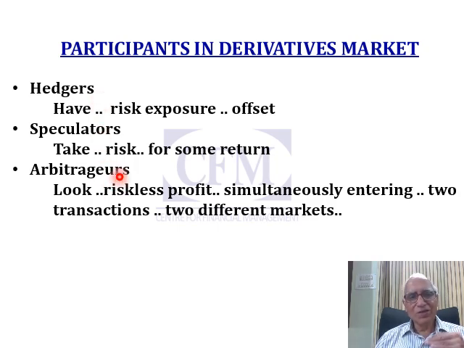Hedgers are individuals and organizations who have risk exposure and they want to offset the risk by taking a position in the derivatives market. Speculators take risk in the hope of earning a return for taking risk. Arbitrageurs look for riskless profit opportunities. They simultaneously enter into two transactions in different markets when they see an arbitrage opportunity.